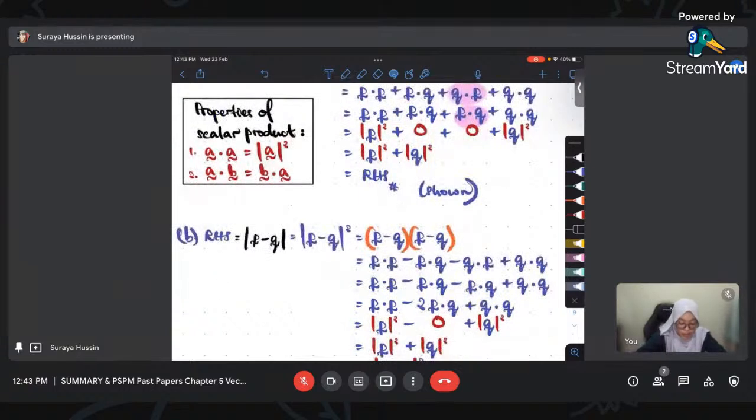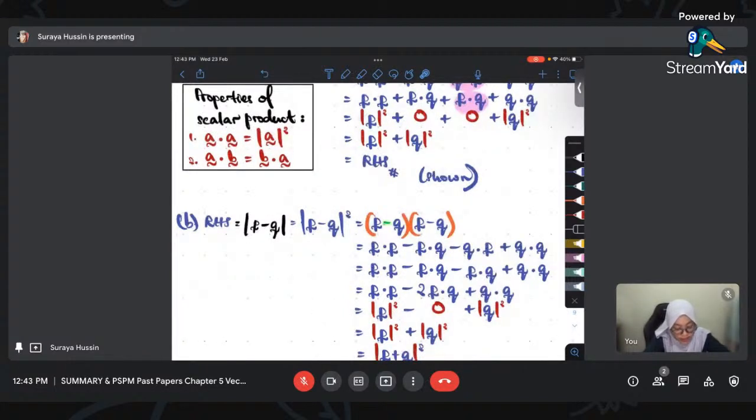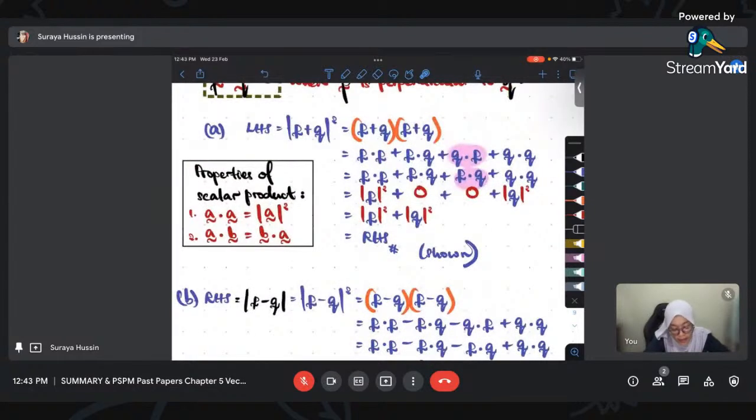Tapi imagine if I squared it. Okay, imagine if I squared it and then I use minus lah. I use minus because kalau I use plus, if I use P plus Q, I will get the same answer here dengan huruf A.